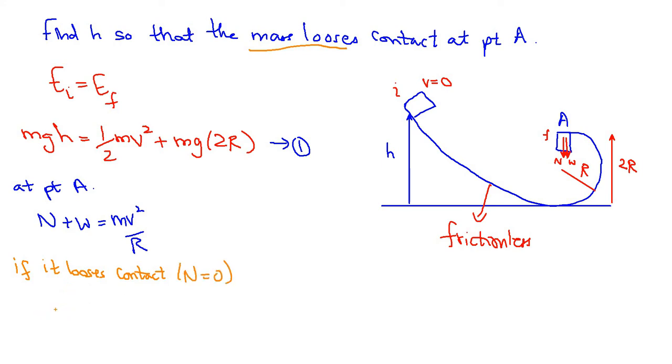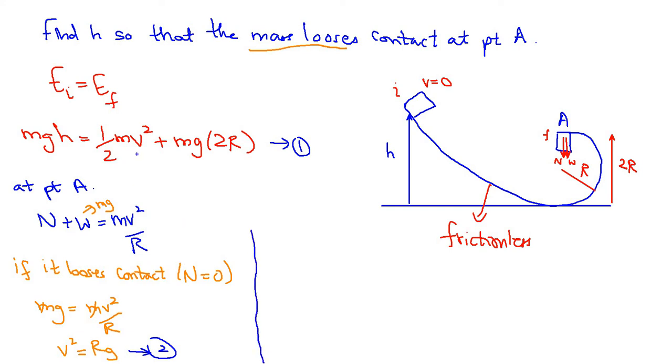So when n is 0, remember that w is mg, we get mg equals mv squared over r. The mass cancels out, and we get v squared equals rg. Let's call this equation 2.